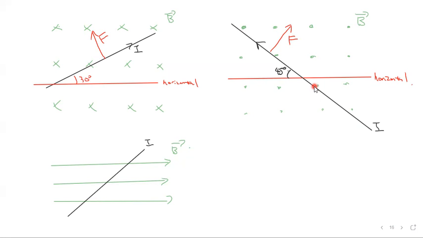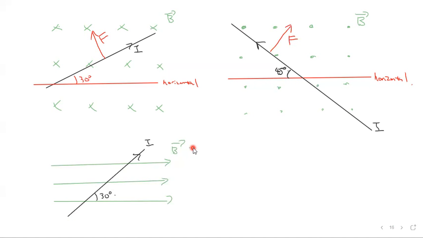Let us now examine a scenario like this, however. The magnetic field is going to the right. The current is going here 30 degrees to the horizontal. And in this case, if you try to use the right-hand palm rule on this, you may find it difficult to do because your fingers are trying to go to the right.